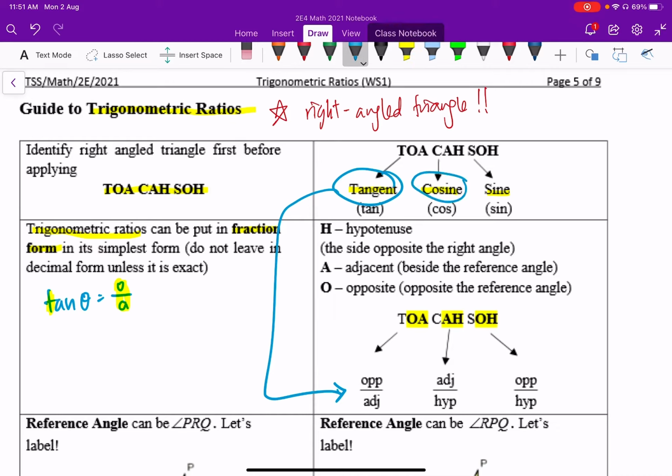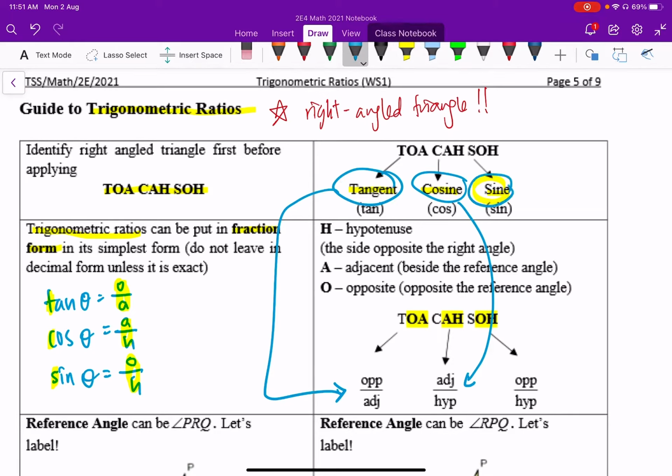Then the second one is cosine. Cosine theta equals adjacent over hypotenuse, A over H. So CAH. Whereas the last one, sine theta equals O over H, opposite over hypotenuse. So SOH. Okay, so that's what you get here.